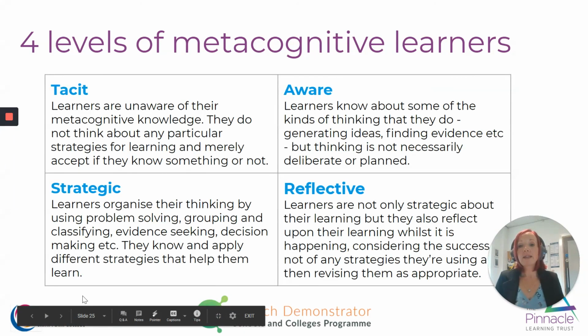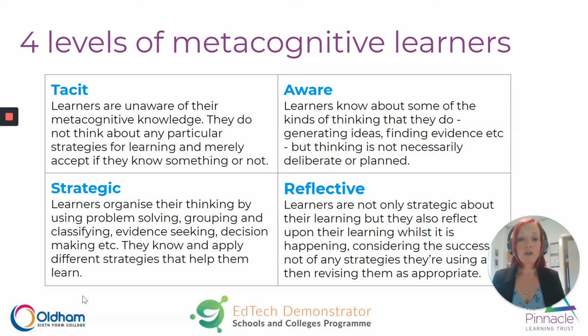So now you've done that, we're going to think about 4 levels of metacognitive learner. So again, I want you to think about the pupils that you've just written down and think about where you're going to place them on this spectrum of metacognitive learner. And be careful, because sometimes the temptation is to think that our high-level learners are the best reflective learners, and actually they're not always.